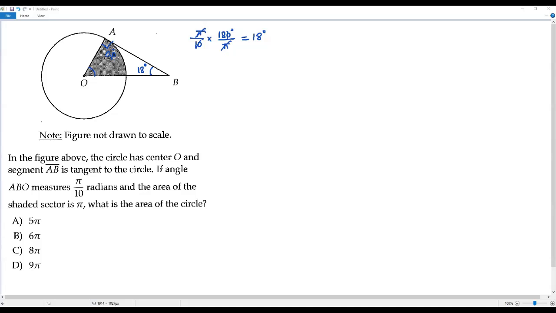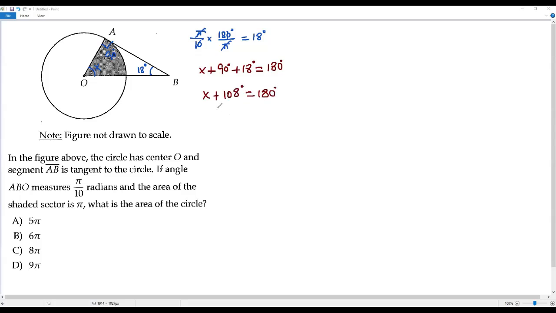Let me assume the central angle of the sector as x. Now let's consider the three interior angle measures of the triangle OAB. In any triangle, the three interior angle measures always add up to 180 degrees. That is x plus 90 degrees plus 18 degrees equals 180 degrees. When I combine these two values, I'm getting x plus 108 degrees equals 180 degrees.